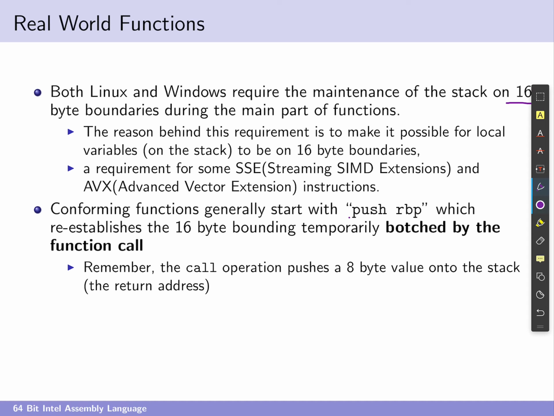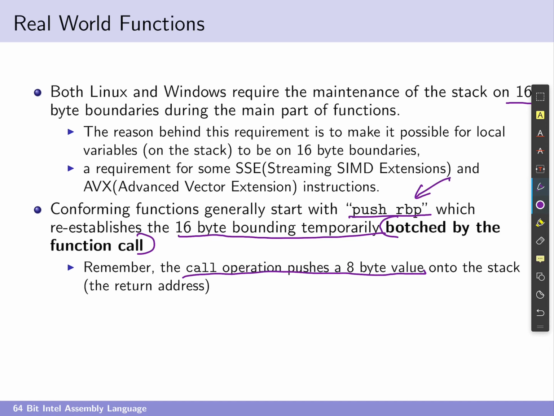So the way in which this is generally done is by using a push instruction. Specifically, we push RBP, and this establishes, or reestablishes rather, the 16-byte boundary that was for a very short period of time botched by the function call. And this is obviously because the function call pushes only 8 bytes onto the stack.